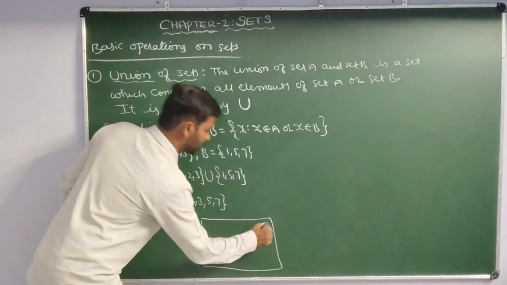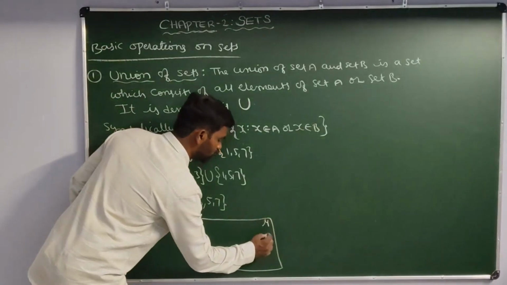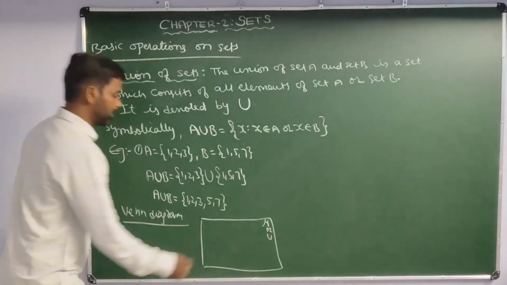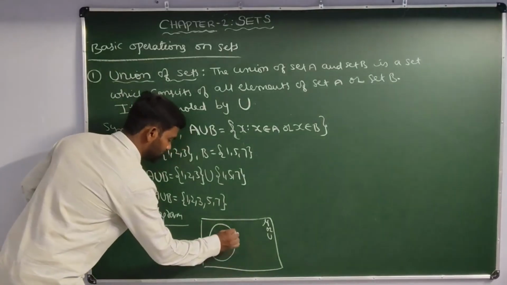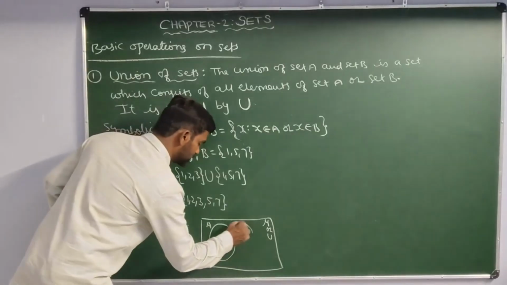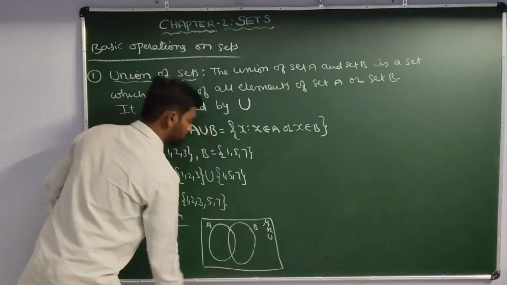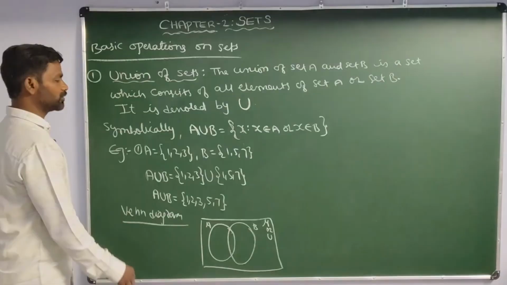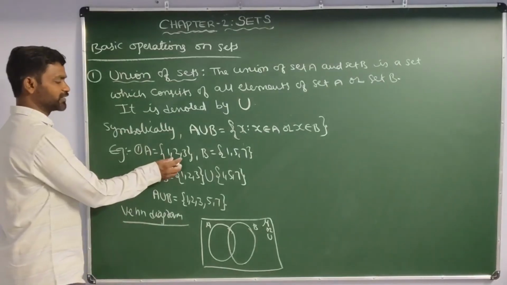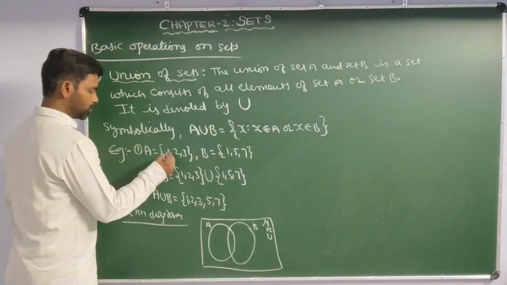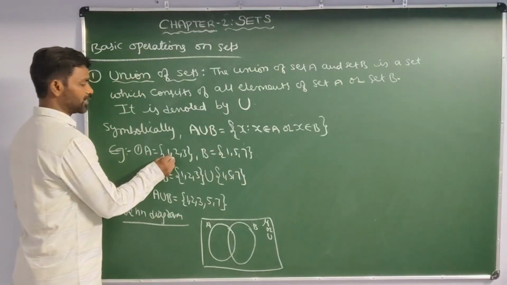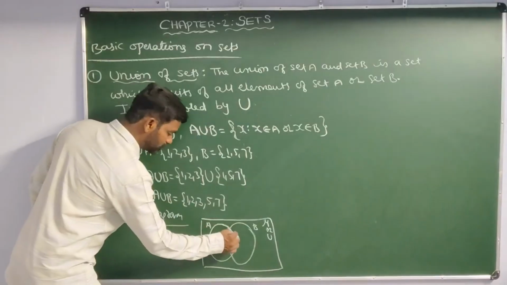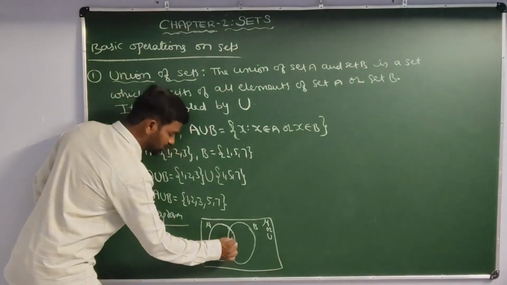That rectangle is nothing but the universal set, represented by mu or U. Next, this is set A and this is set B. The first circle is set A and the second circle is set B. Now observe the elements of set A and the elements of set B. In set A, 1 is there and in set B also 1 is there. So that element we have to write in the common area.